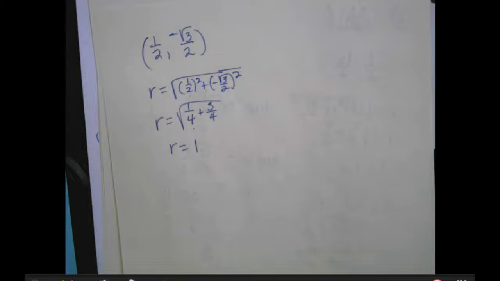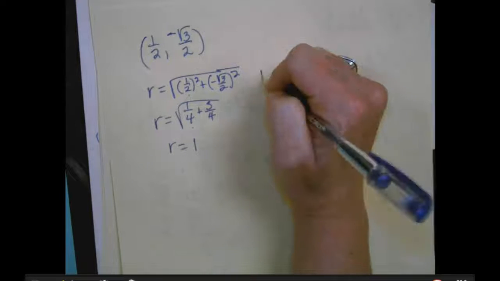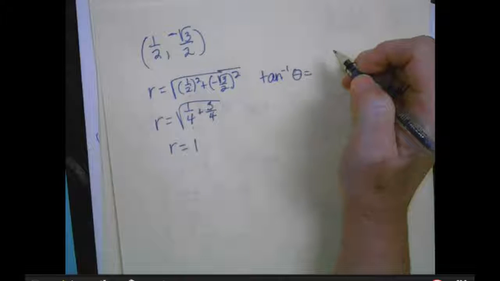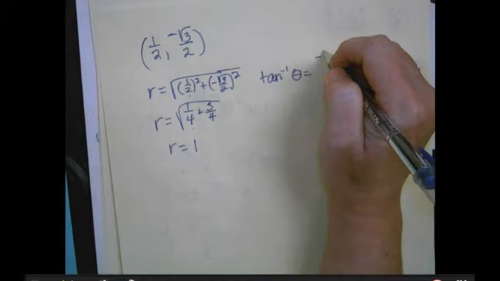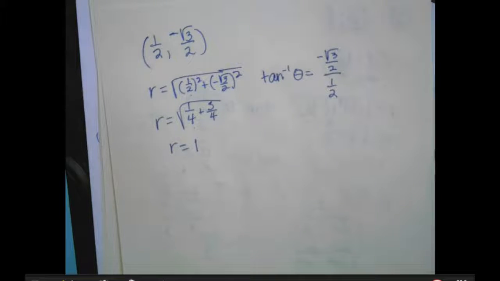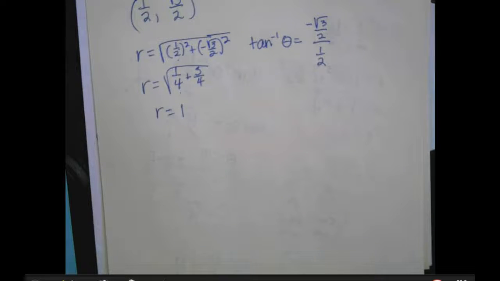So now we're going to find the inverse of tangent. I'm going to write down the inverse of tangent, and then I'm going to put my y over x. Again, super difficult. Because then I'm going to flip the bottom one.